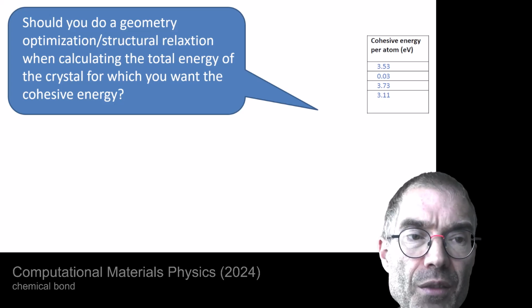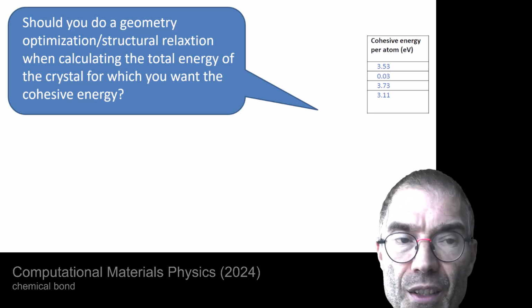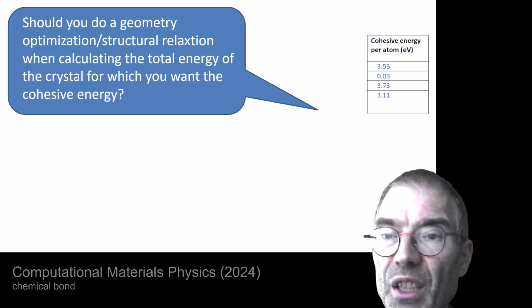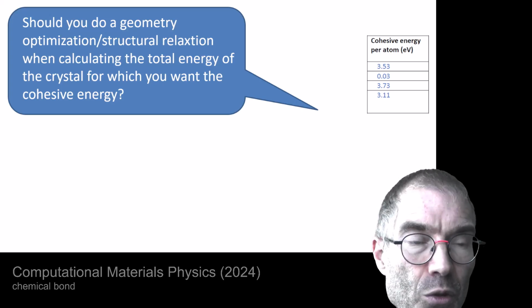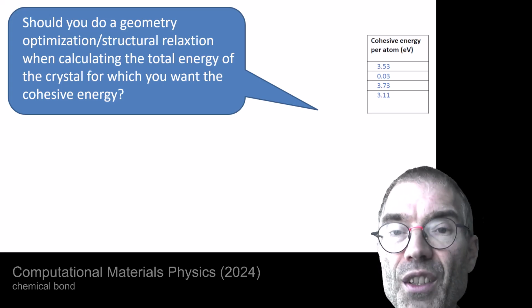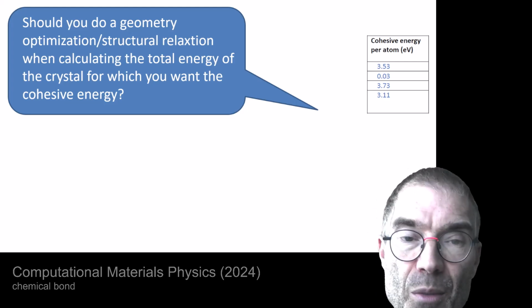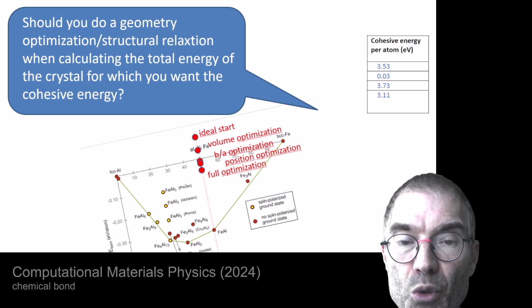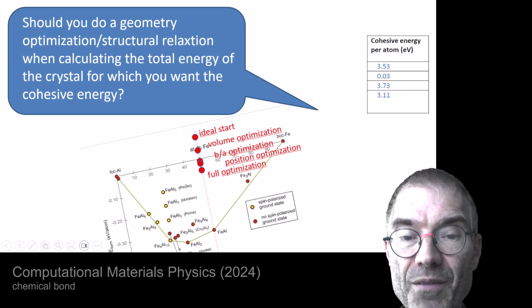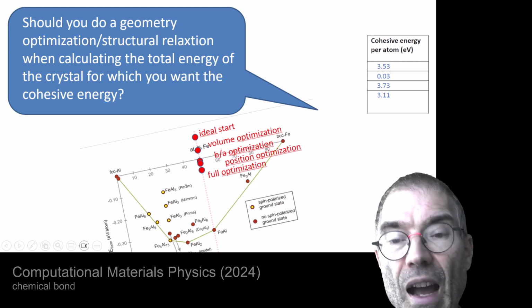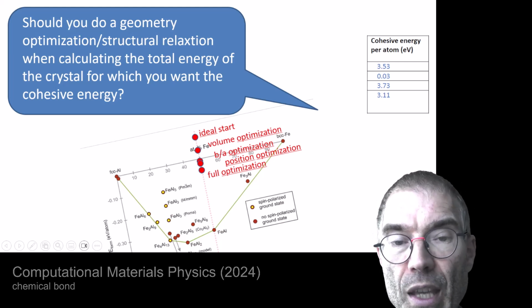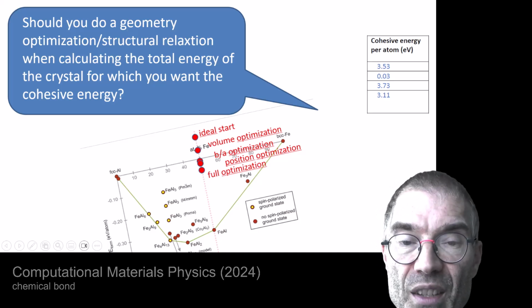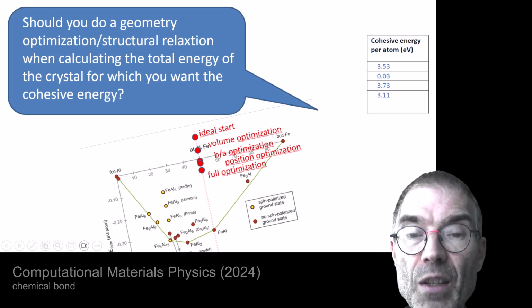Somebody asked here, when you calculate the total energy of the crystal, should you do a geometry optimization for that total energy, or can you just work with the experimental lattice parameters and atomic positions? Well, there I would refer back to our iron aluminum example. We have seen that if you do the proper geometry optimization, you lower the energy.